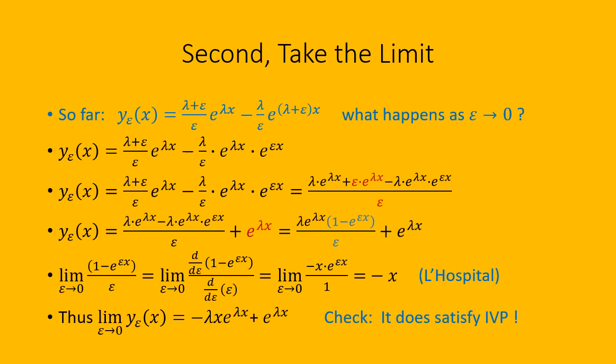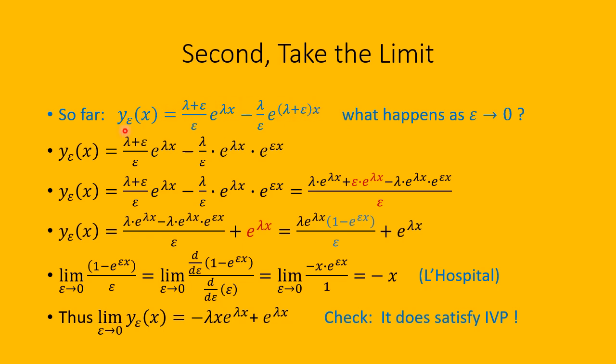Okay, so now we are going to take the limit. We have so far that our function y sub epsilon evaluated at x is this stuff over here. Lambda plus epsilon divided by epsilon e to the lambda x minus lambda over epsilon e raised to the lambda plus epsilon times x power.